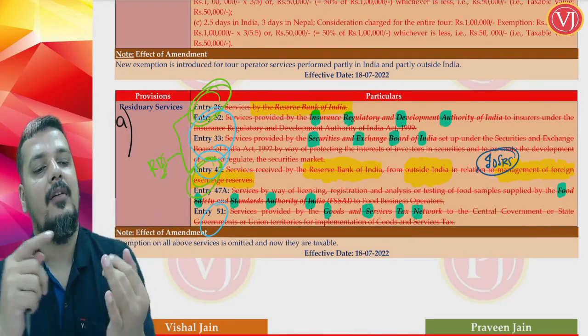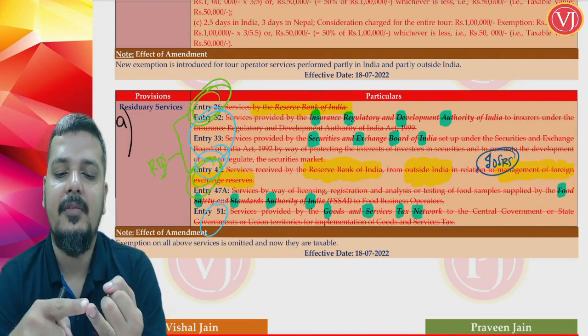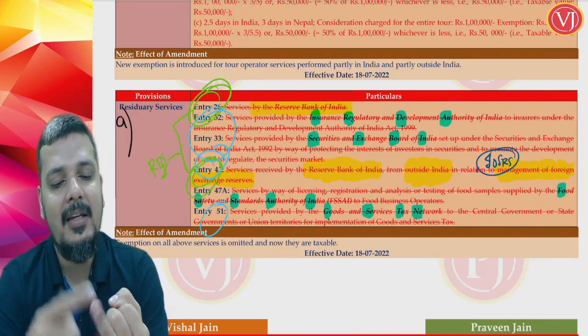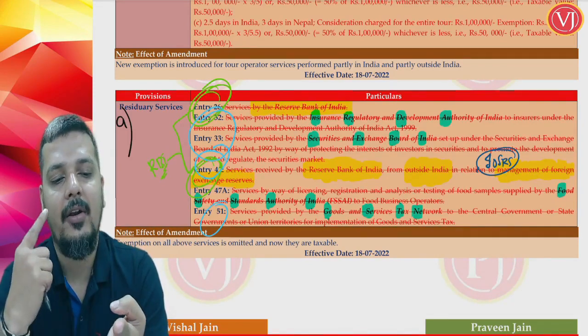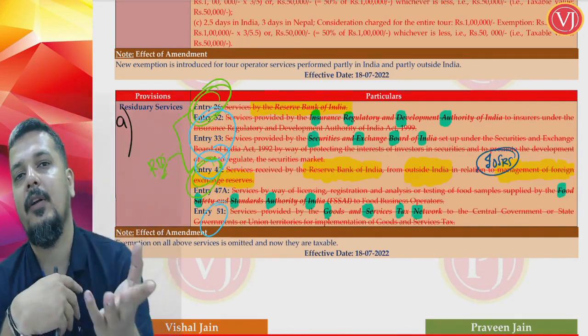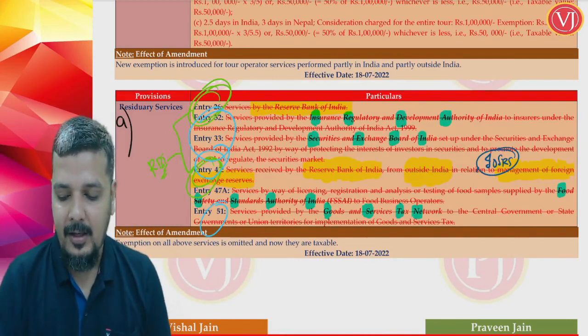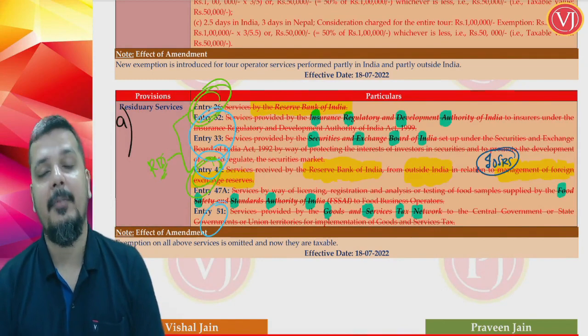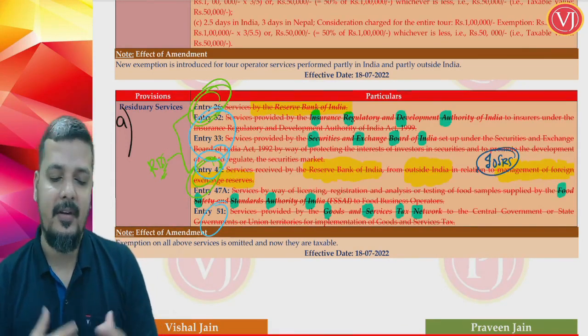For the others, IRDA, SEBI, FSSAI and GST Network, previously exempt, now all taxable. So that is all about the amendments which have come out in your exemptions.